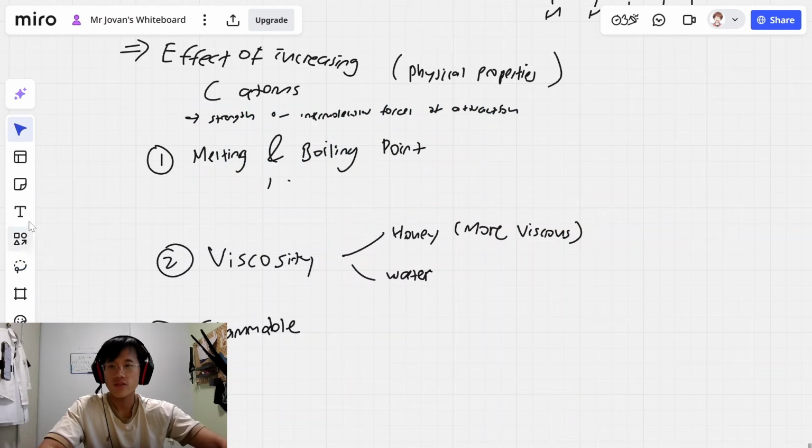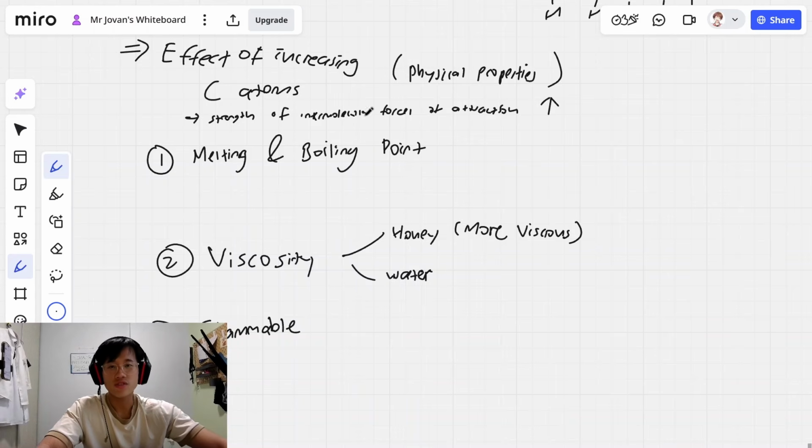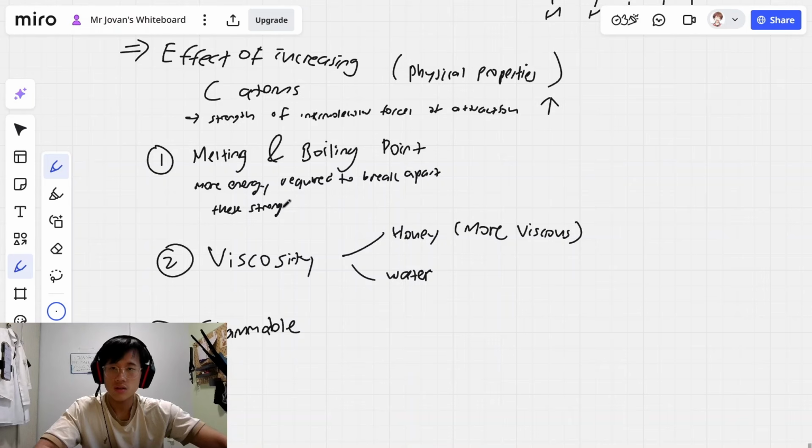The strength of our intermolecular forces of attraction increases as carbon atoms increase. What happens to boiling point? Like I just said, this depends on the strength of intermolecular forces of attraction. So more energy will be required to break apart these stronger intermolecular forces of attraction.